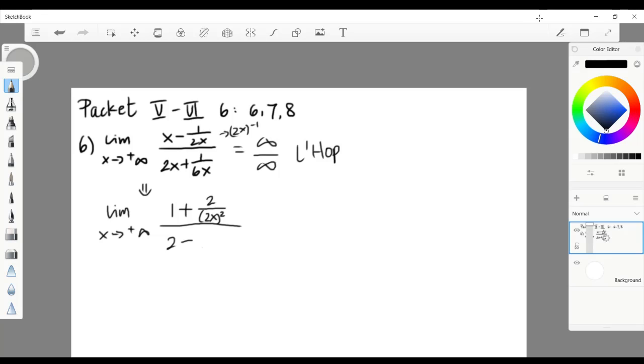So 2 minus 6 over 6x squared. And if we plug the infinity in here, any number over infinity is going to be equal to 0. So this will give us a 0, and this will also give us a 0. So this will result with a 1 over 2, and that is choice D.